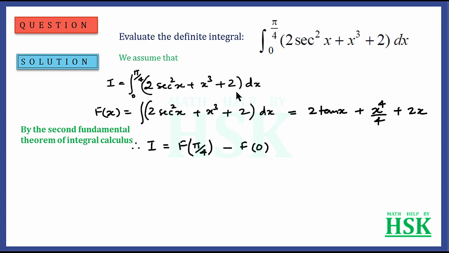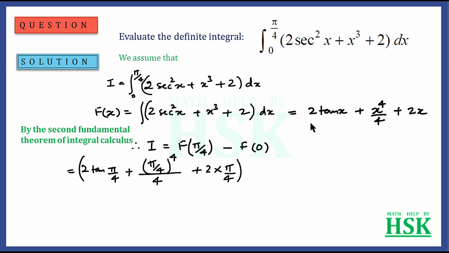So the value of this definite integral would be given by the difference of f of pi by 4 minus f of 0. So f of pi by 4 is obtained by placing x equal to pi by 4 in the complete expression, and f of 0 would be obtained by placing x equal to 0 in this complete expression. And when we place x equal to 0, all these three terms would be equal to 0, and f of pi by 4 would be equal to 2 tan of pi by 4 plus (pi by 4) whole to the power of 4 upon 4 plus 2 into pi by 4.